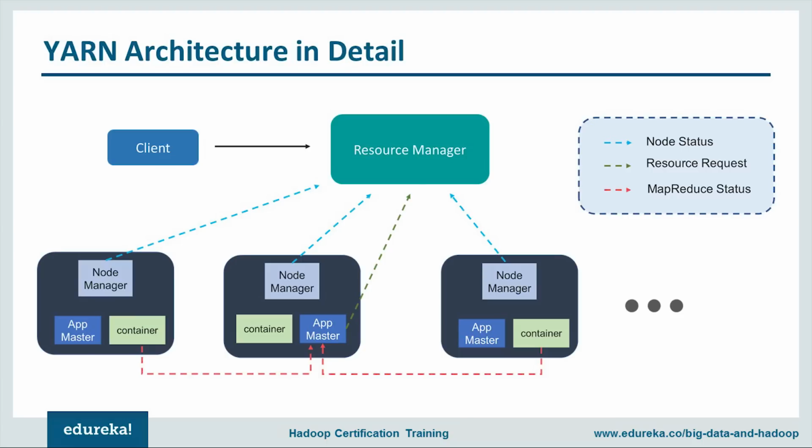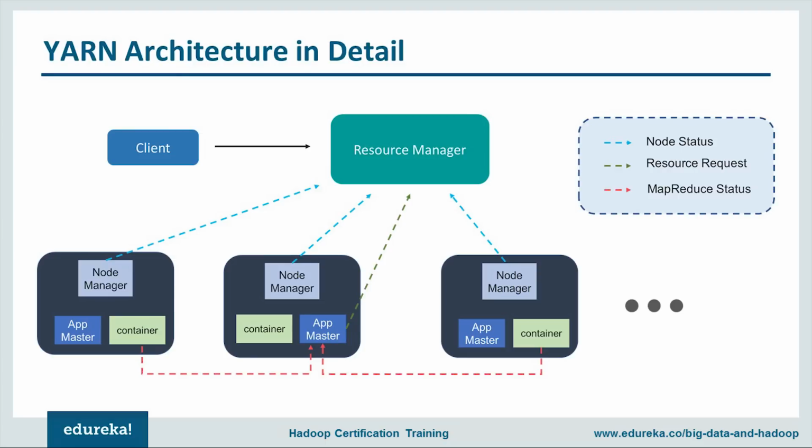Now, let's see the entire architecture in detail. The client comes up with a request to the resource manager in order to process the data, and then the resource manager passes on the request to the node managers. There are important components here that you should pay attention to. In the node manager, we've got a container and an app master. An app master is launched for every specific application code, or every job or processing task that the client comes up with.